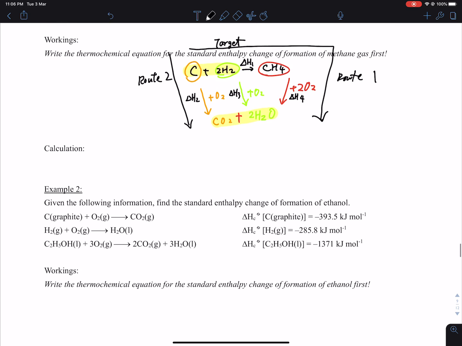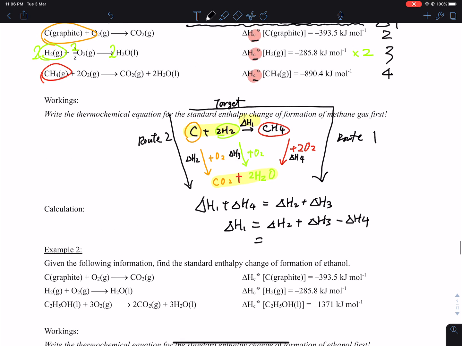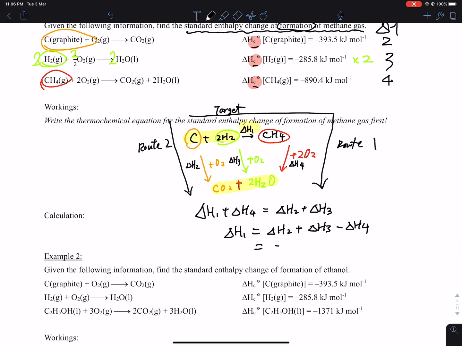So let's try to write out the answer. Delta H1 plus delta H4 is equal to delta H2 plus delta H3. Okay, so what we are calculating is delta H1. So let's change the subject. Delta H1 equals delta H2 plus delta H3 minus delta H4. So let's plug in all the numbers together. Delta H2 would be negative 393.5. Delta H3 would be negative 285.8.